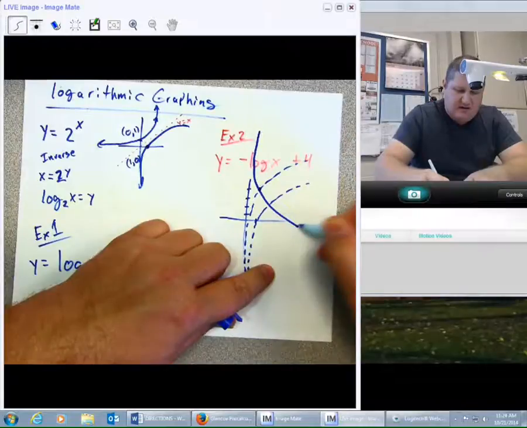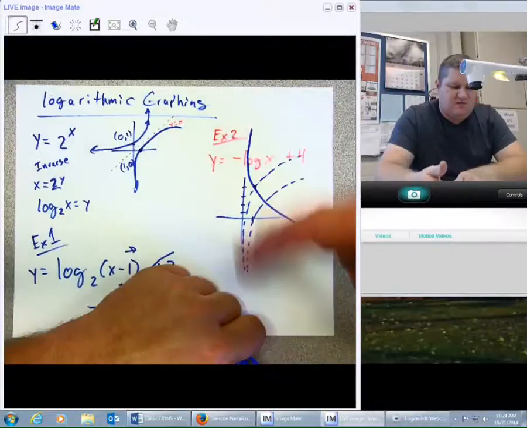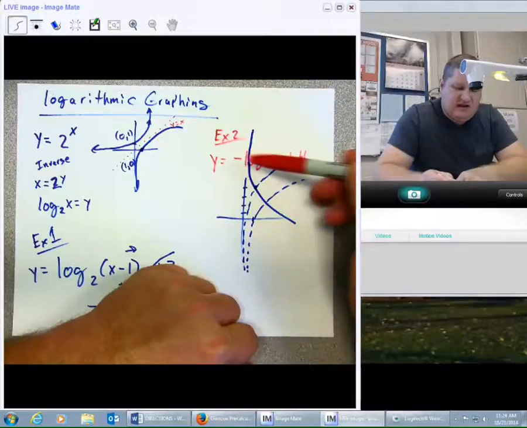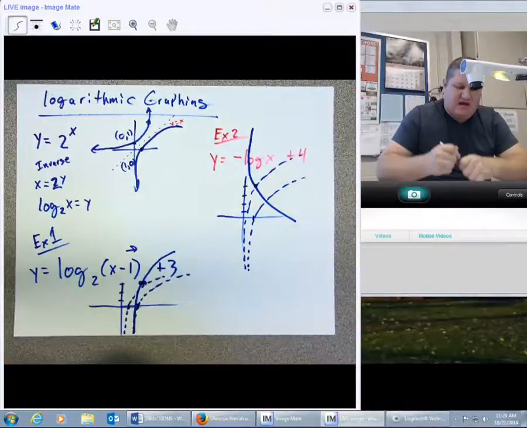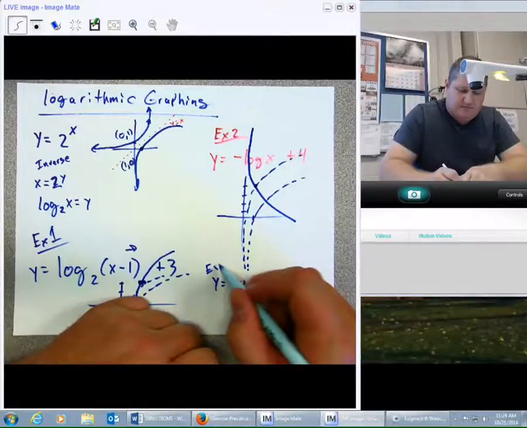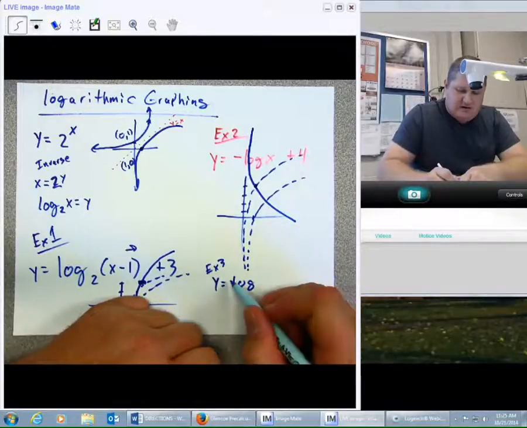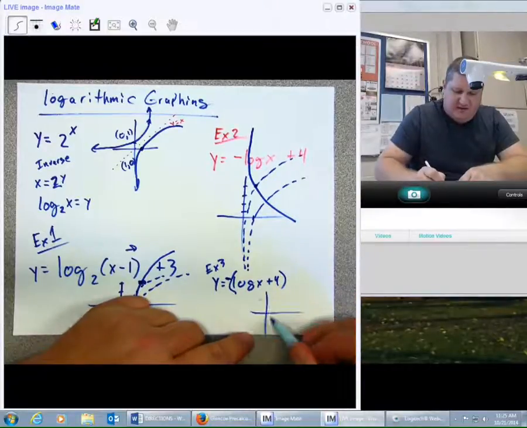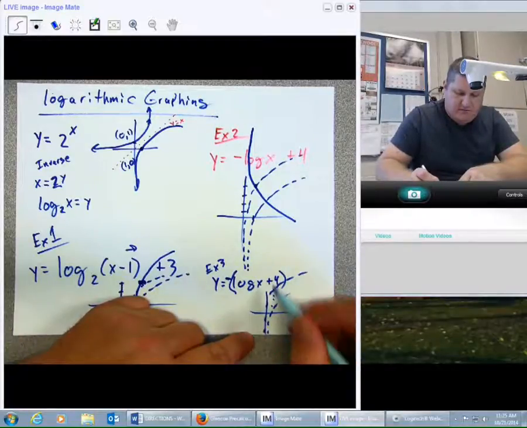So my final answer is actually this. Now, the reason it doesn't flip over the x-axis is because the negative is only in front of the log. If I had a situation where y equals negative parenthesis log x plus 4, now I would have this.